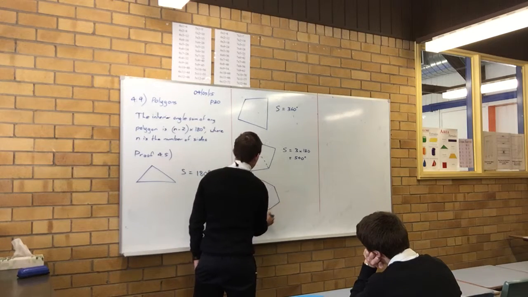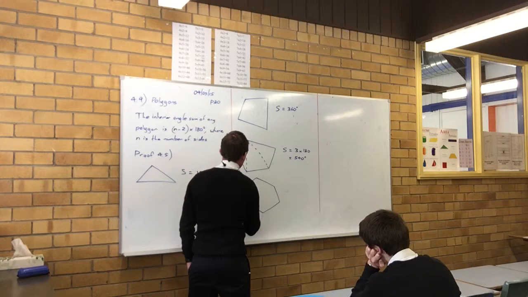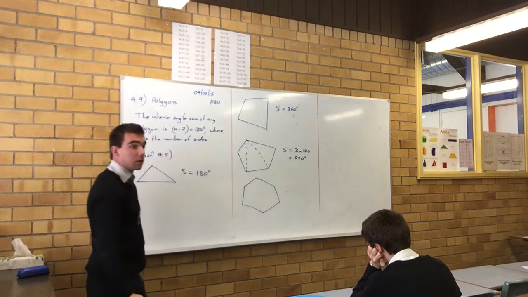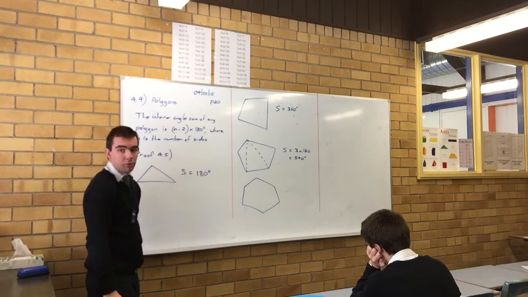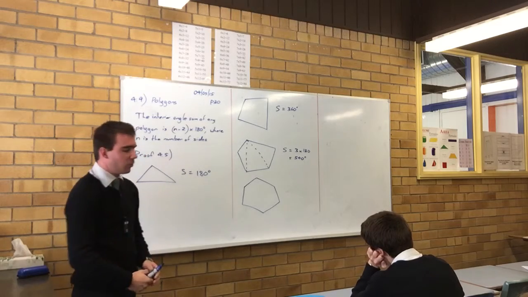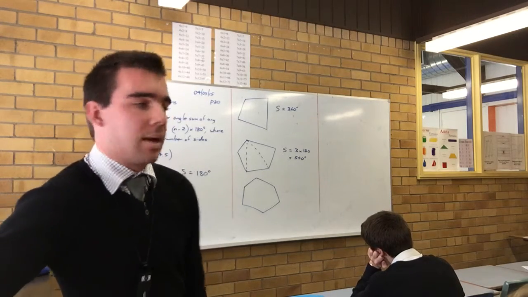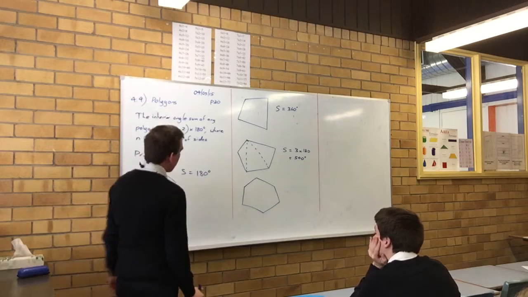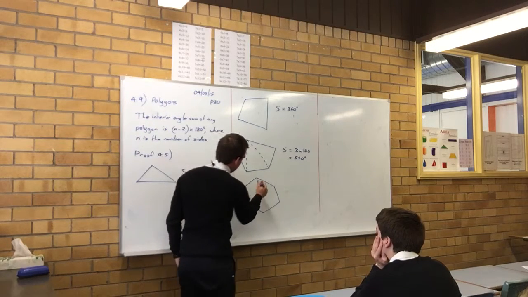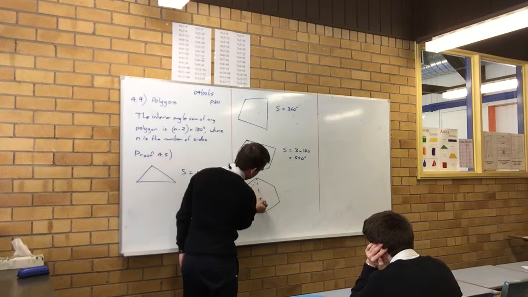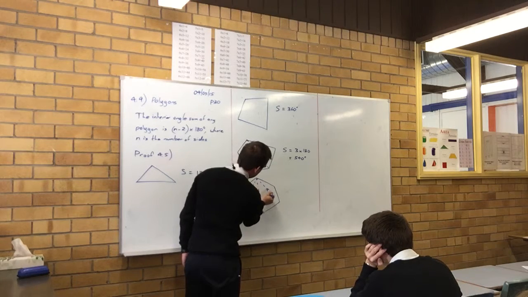Okay, the next one is a 6-sided polygon, a regular 6-sided polygon, called a hexagon, and we see these pretty commonly every day, whether you notice or not, with nuts and bolts and those sorts of things. Again, let's put some diagonals in so that we've got triangles.